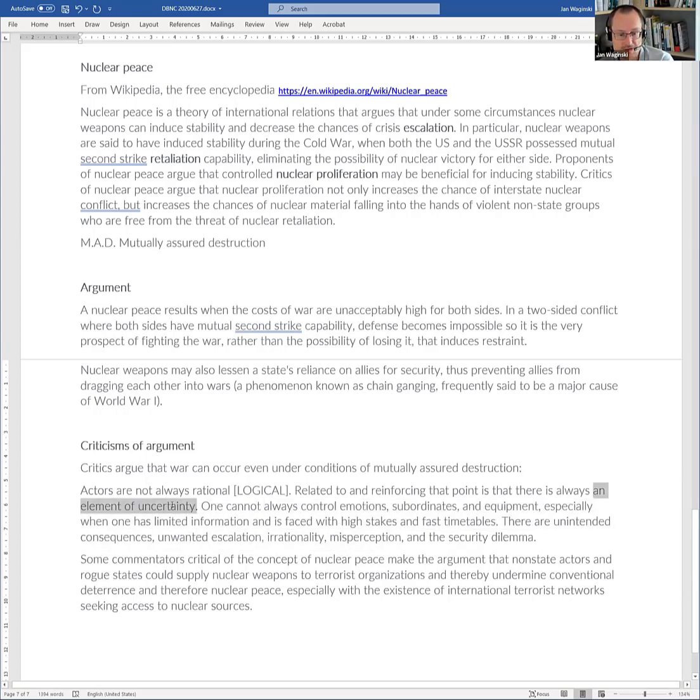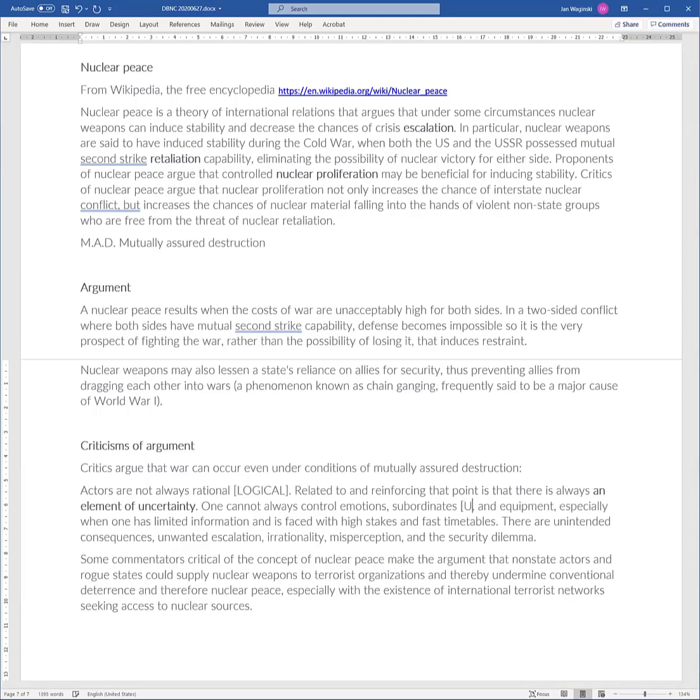This is a very nice phrase. You know, we think our plan is going to work, but there is an element of uncertainty. It says one cannot always control emotions, subordinates. What are subordinates? The people who work for you. Subordinate is the opposite of boss.